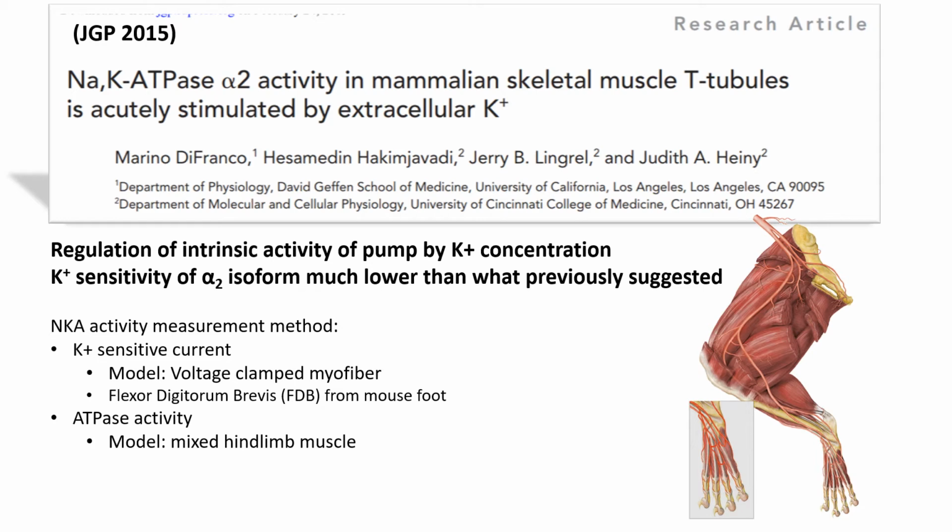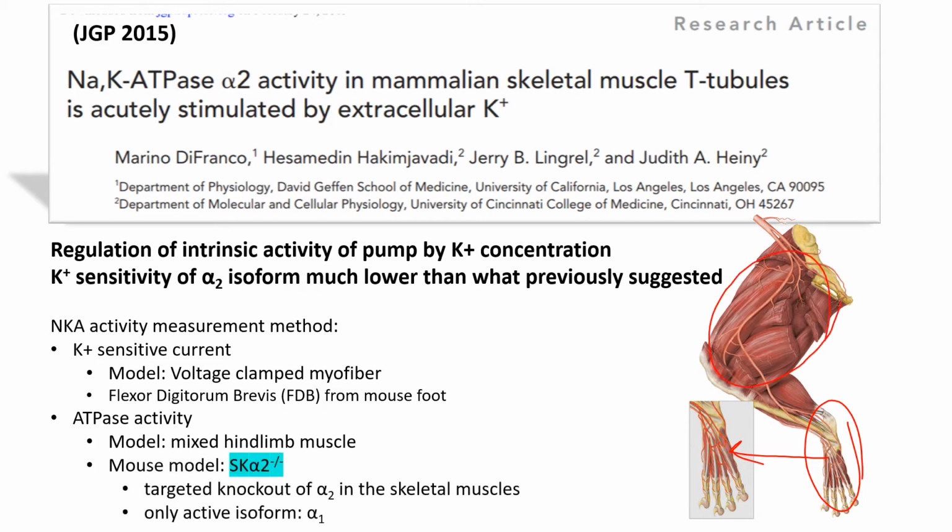First, by measuring potassium-sensitive currents in voltage-clamped myofibers isolated from flexor digitorum brevis, or FDB, from mouse foot, and secondly by measuring ATPase activity in mixed hind limb muscle from mouse.